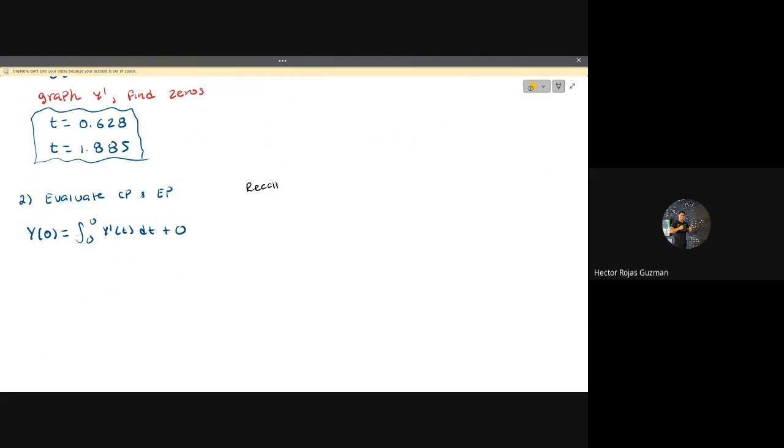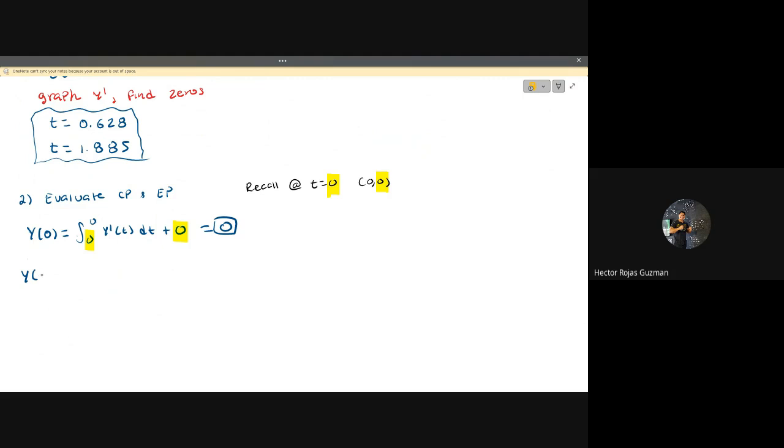Remember how in the beginning paragraph we were told that at time t is equal to 0, we have a position of (0, 0). So at 0 seconds, the y coordinate has a position of 0. And when you evaluate this, we get 0.